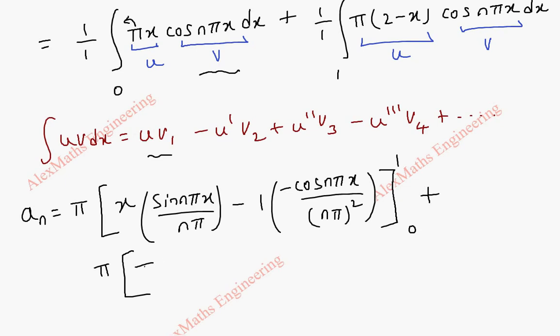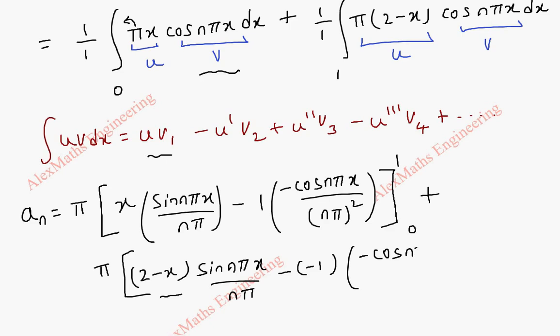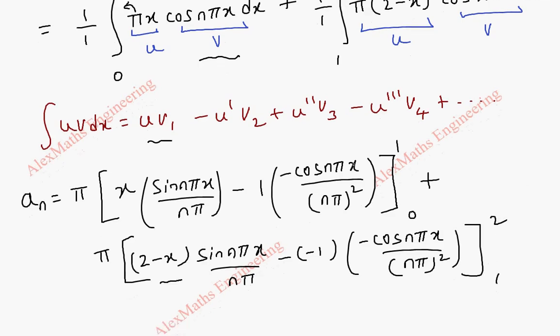So (2 minus x) into sin n pi x by n pi, then minus of derivative of this is minus 1, and integration of this is minus cos n pi x by (n pi) whole square, and limit is from 1 to 2.